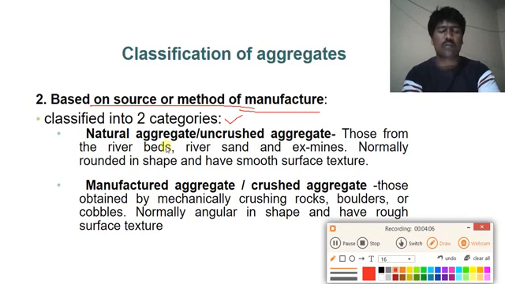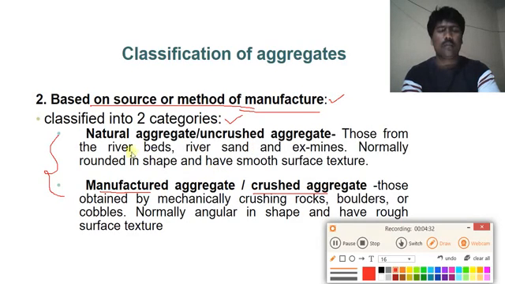We can call it by either of these names. And the second one is manufactured aggregate or else we can call it crushed aggregate. So these are the two classifications under source or method of manufacture.